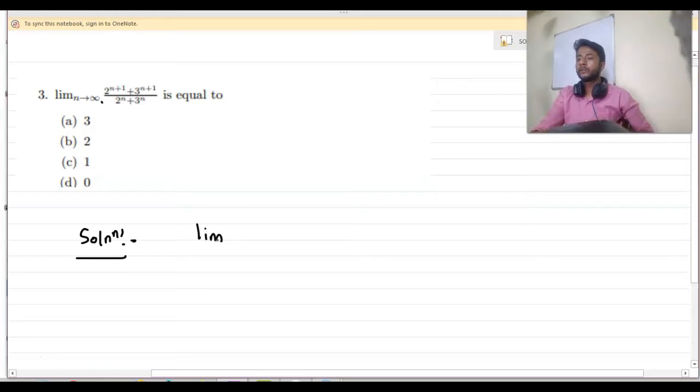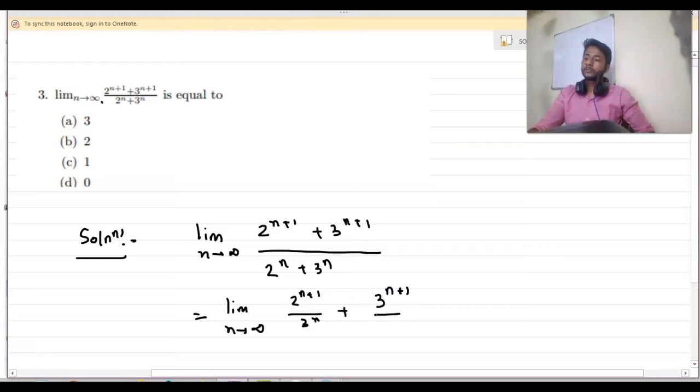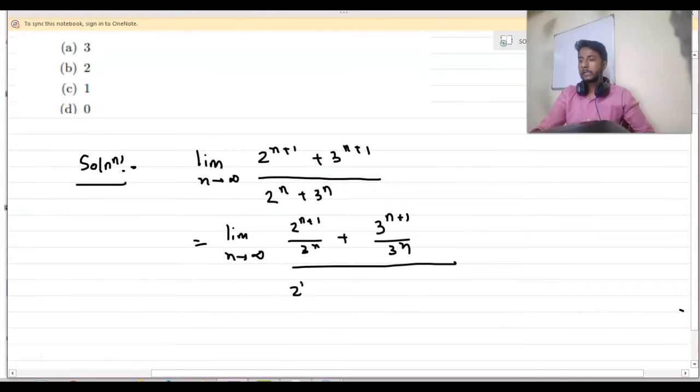Limit n tends to infinity of (2^(n+1) + 3^(n+1)) / (2^n + 3^n). So we have to divide the numerator and denominator by 3^n. Dividing by 3^n, we write this as (2^(n+1)/3^n + 3^(n+1)/3^n) / (2^n/3^n + 3^n/3^n).